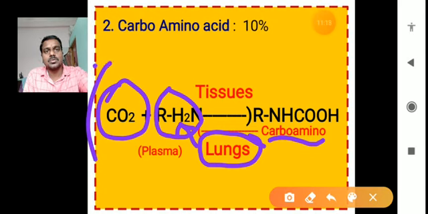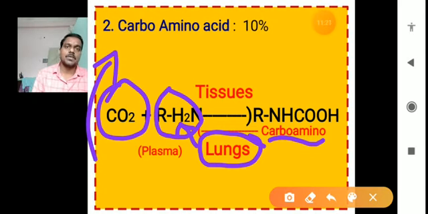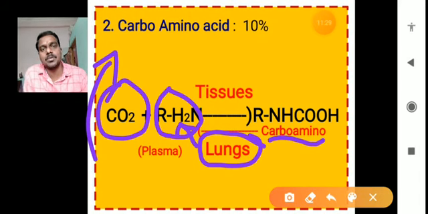This H2O is released into the environment. So it is also a reverse process. Carbonic acid formation is a reverse process and carboamino acid is a reverse process. But carbonic acid is only 5%, while 10% forms carboamino acid in the plasma. So the percentage is much higher compared with carbonic acid. So this is the second one.